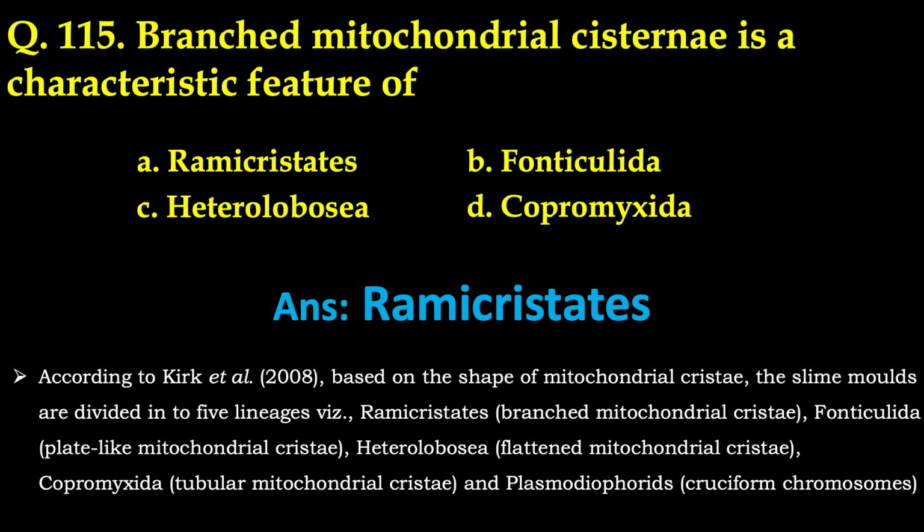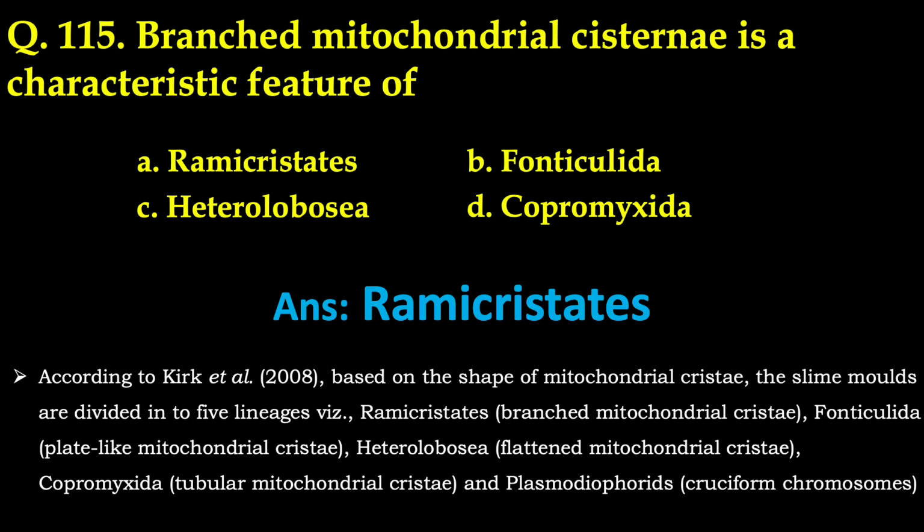According to Cavalier-Smith and co-workers 2008, based on shape and mitochondrial cristae, the slime molds are divided into 5 lineages. Number 1 is Rhizoplasmodiida, with branched mitochondrial cristae. Then Fonticulida, with plate-like mitochondrial cristae.